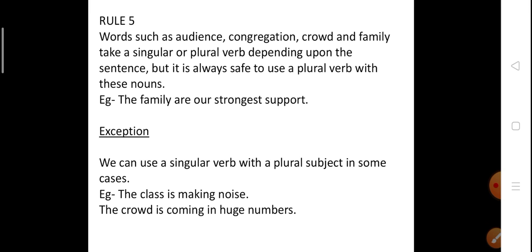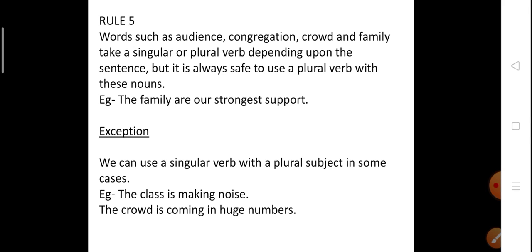Rule number 5 says words such as audience, congregation, crowd and family take a singular or plural verb depending upon the sentence, but it is always safe to use a plural verb with these nouns.